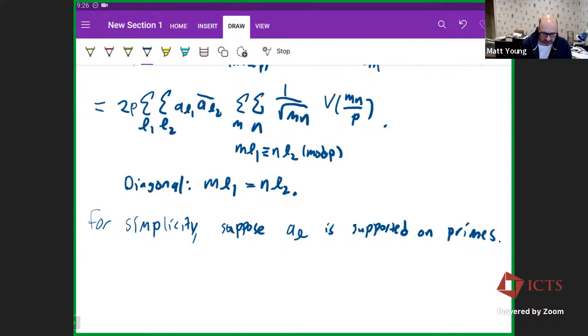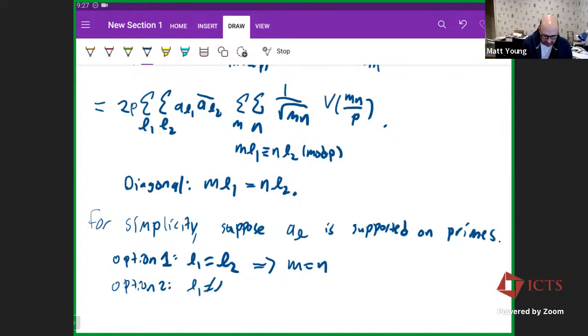So if L1 and L2 are primes, then there are 2 options. Option 1 is that L1 equals L2. Then that implies that m equals n. The other option is that L1 is not equal to L2.